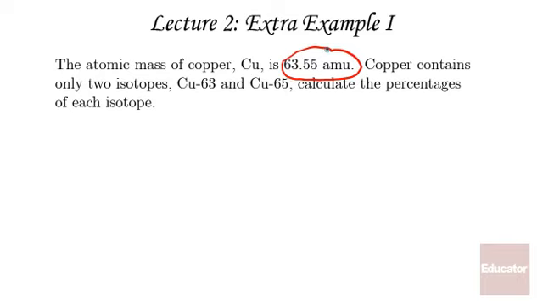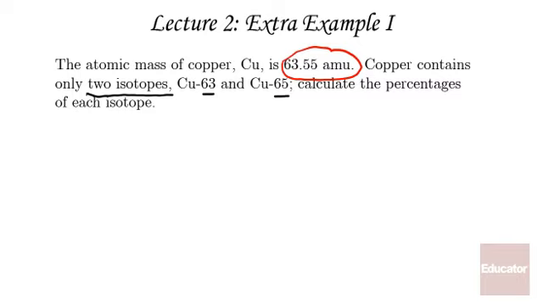Now, why is that? Well, we're given the reason here. Copper contains two isotopes, one of which has a mass of 63, copper 63, and one of which has a mass of 65, copper 65. At the end of this lecture, you learned how we interpret that by means of understanding the different numbers of neutrons that may be present in the nucleus of any particular element.